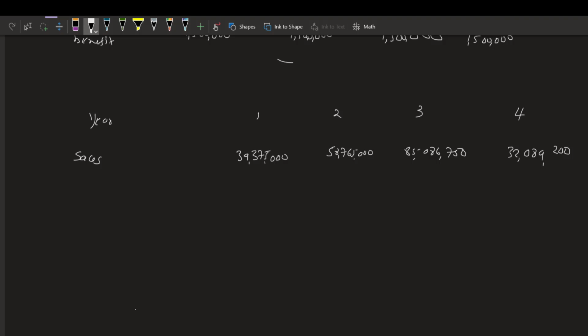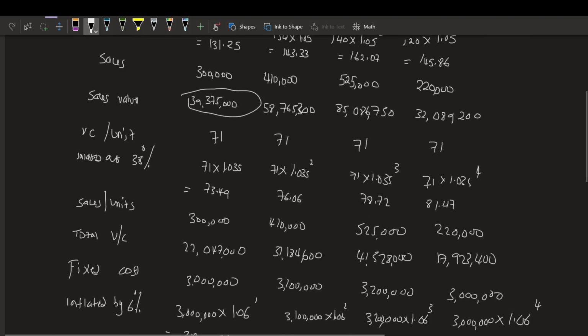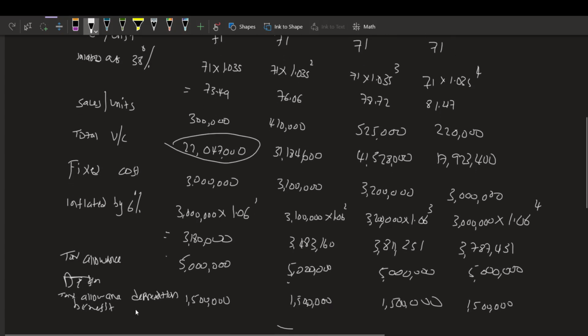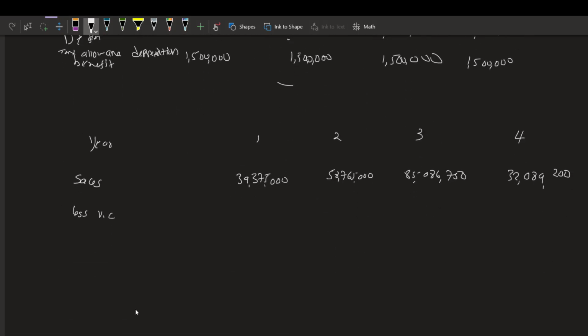We less variable cost. We saw our variable cost here. We had calculated the total variable cost. The first year was 22,047,000. Go ahead and less it here. For the second year, we had 31,184,000.